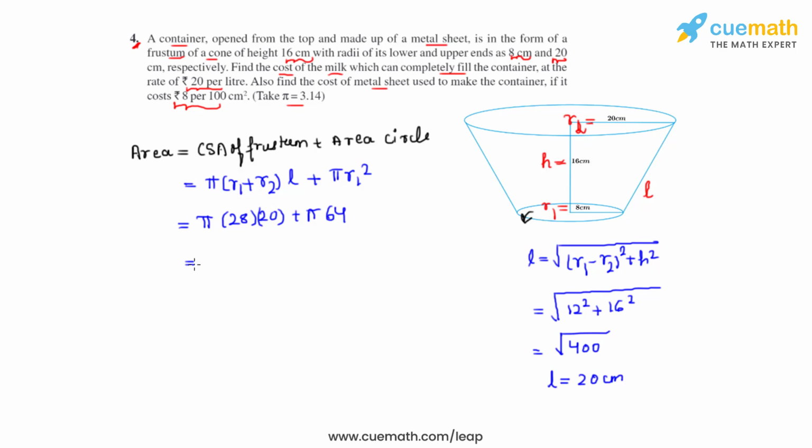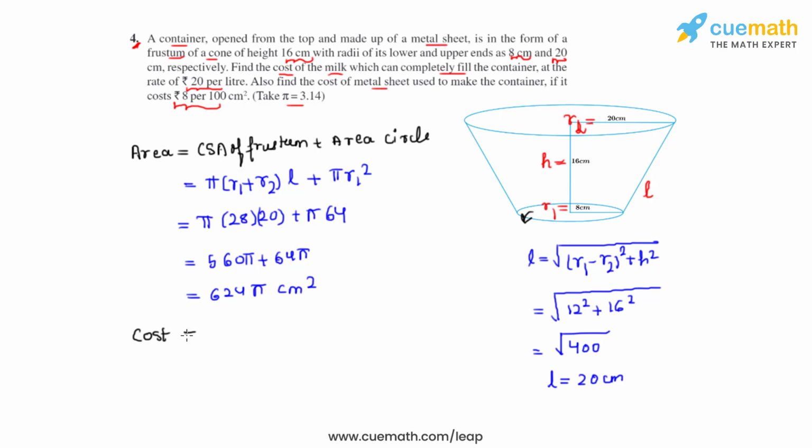So we get it as 560 pi plus 64 pi. So that on addition comes as 624 pi centimeter square. So now let's find out the cost. As we know that the cost of 100 centimeter square is rupees 8, what we have to do is to find the cost of 624 pi centimeter square.